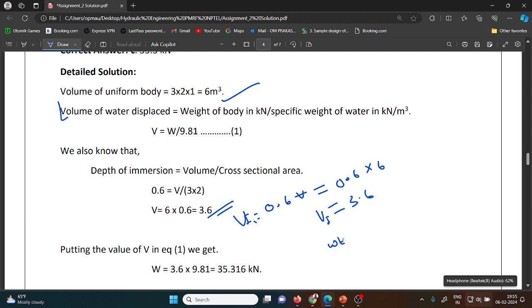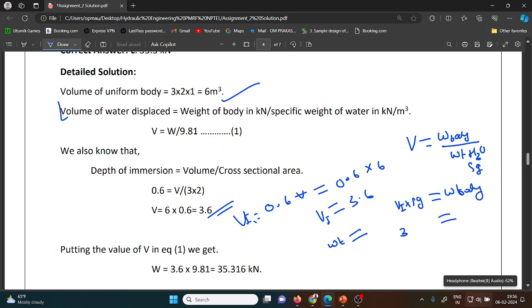From the Archimedes principle, the displaced volume is equal to the weight of the body divided by the specific weight of water. So to calculate the body weight, the immersed volume into rho g will give the body weight.